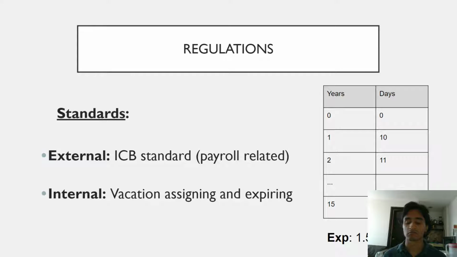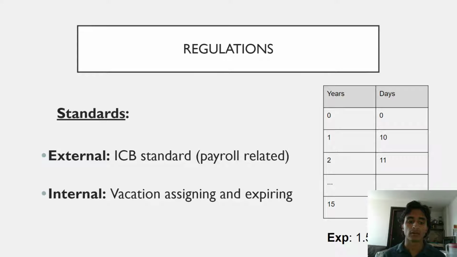It's a really lengthy process to explain the ICB standard, but the main thing is to have some proof that the request has been done and approved. That means it's payroll related, because vacations can be paid or not, depending on the type of vacation. So the ICB standard was important to take into account.